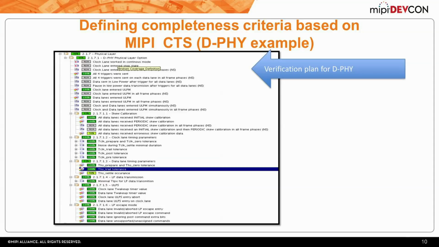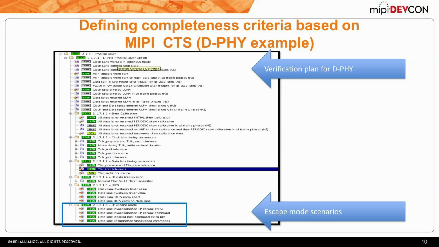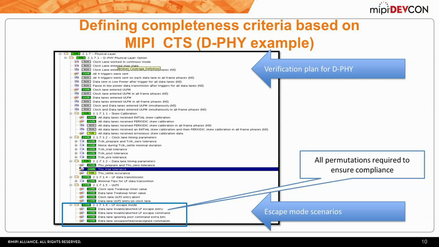And you can see here that we defined a few scenarios which are linked to the same test case. For LP escape mode, you can see that there are a few types of errors that can be identified at different stages. And all the permutations of this error are required to ensure compliance in verification.